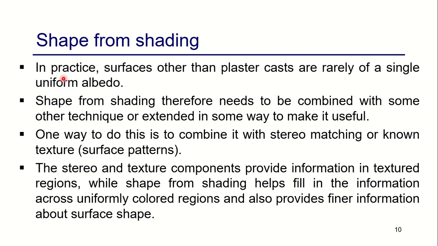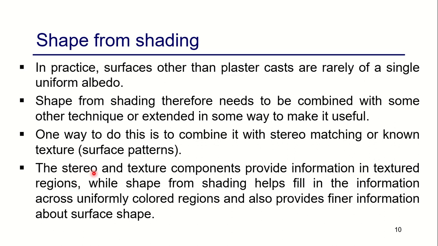Shape from shading. In practice, surfaces other than the plaster cast are rarely of a single uniform albedo. Shape from shading therefore needs to be combined with some other technique or extended in some way to make it useful. One way to do this is to combine it with stereo matching or known texture surface patterns.